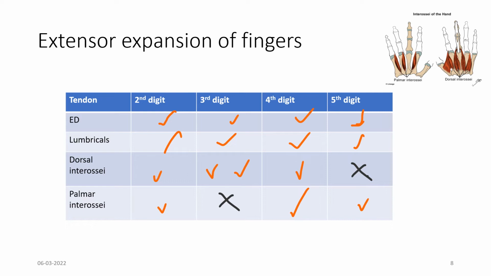They will move the adjacent fingers toward it, whereas the dorsal interossei are abductors, they move the digits away from the middle finger. Hope it is clear to you about the extensor expansion tendons for each of the digits.